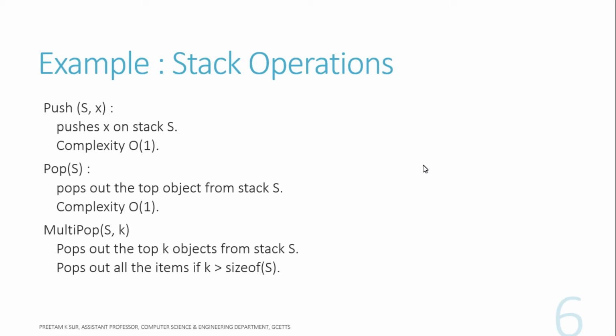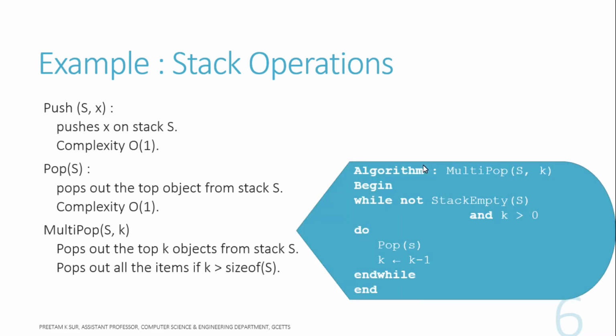Now with this description of the multipop operation, we can define an algorithm for it, right? So this is what the algorithm for multipop will look like. In that operation we have two inputs, s the stack and k a positive integer, and we are checking while the stack is not empty and k is greater than 0.